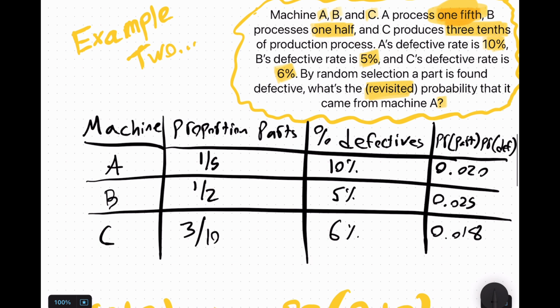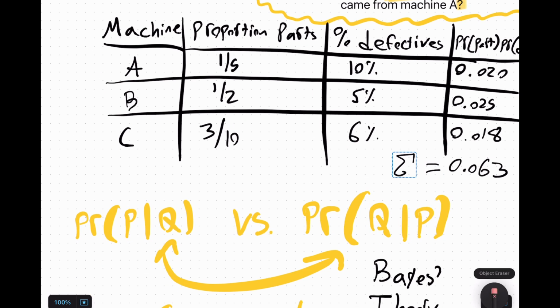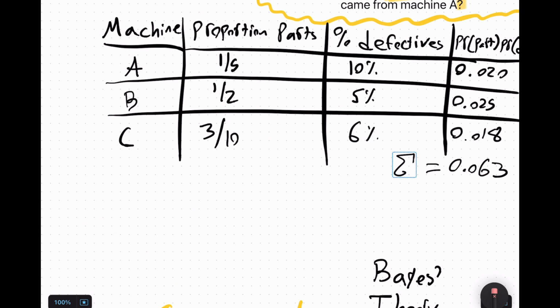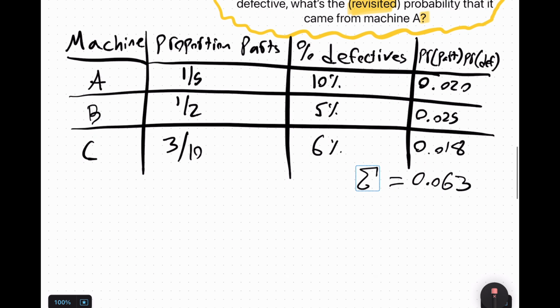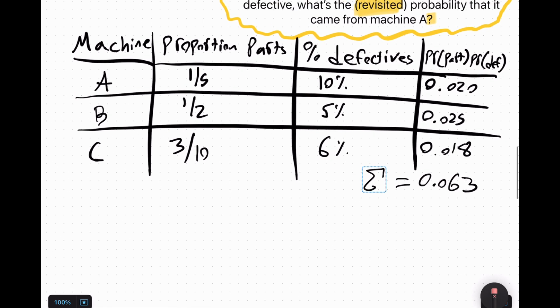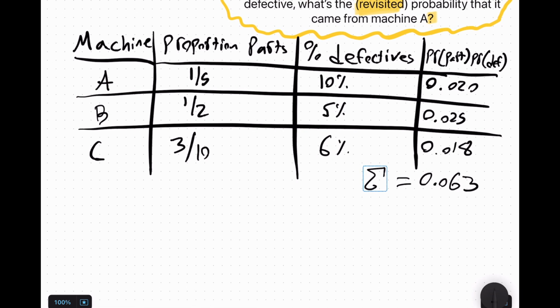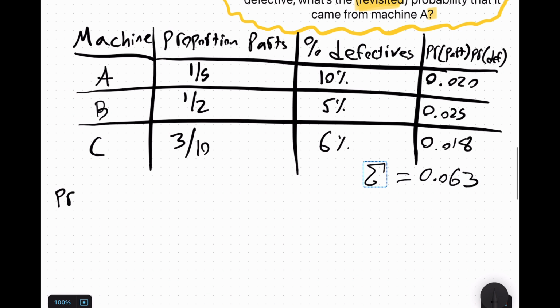And then we can think about the sum, adding that up as 0.063. We're thinking about the probability of A given being defective.